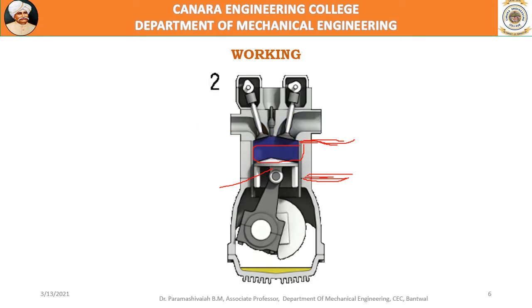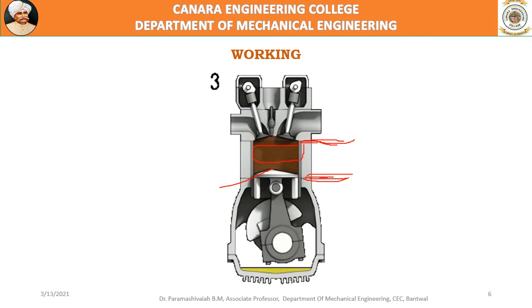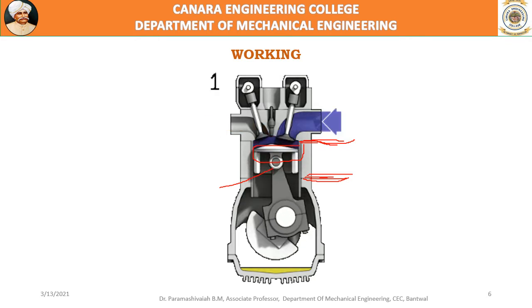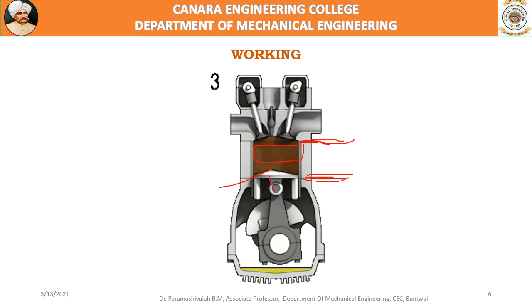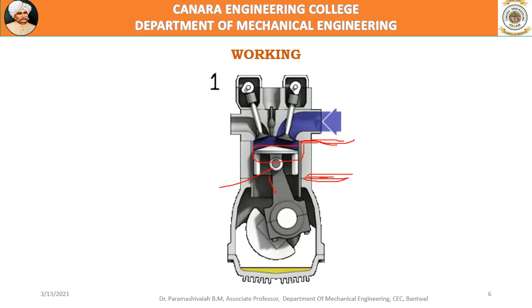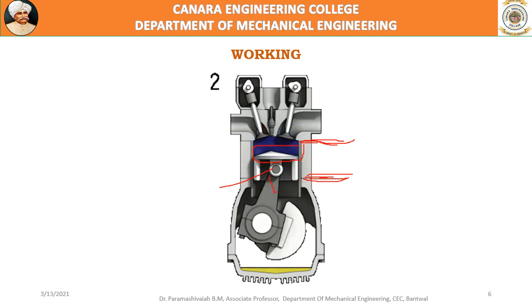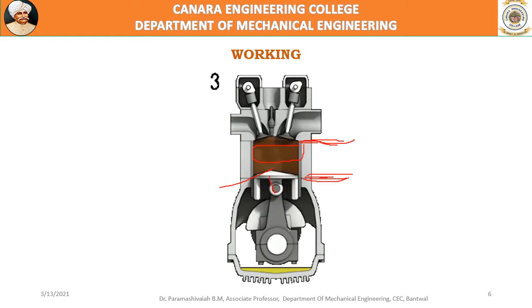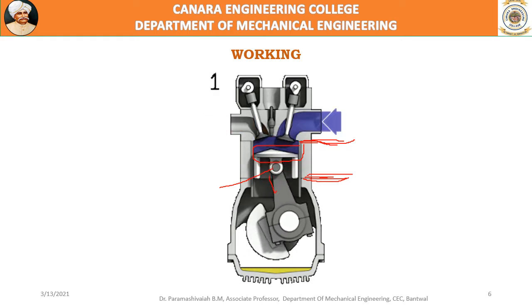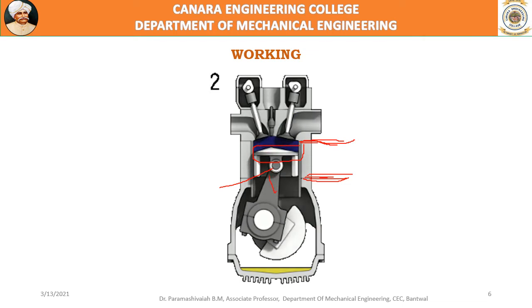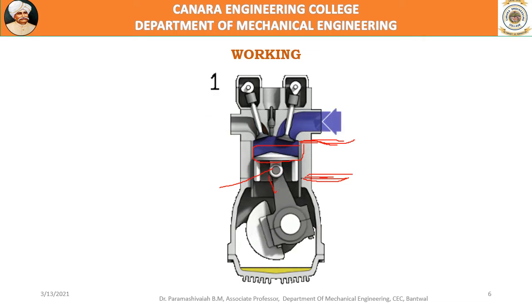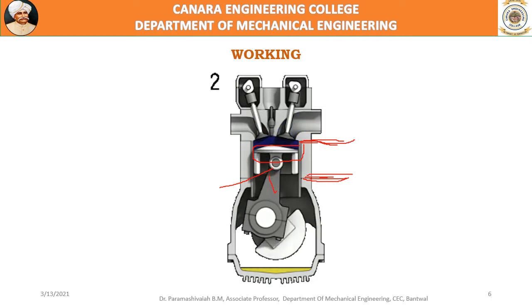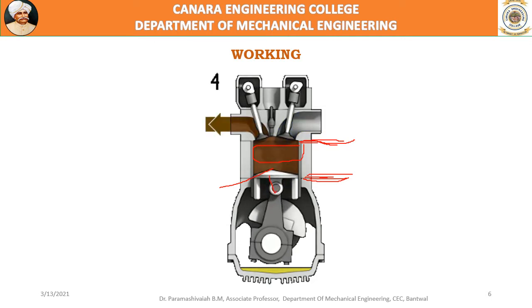Now we will see how a four-stroke engine works. The major components are, this is the piston which reciprocates inside the cylinder, and this is the connecting rod which connects the piston with a crank. The crank is a mechanism which is used to convert the reciprocatory motion of the piston into rotary motion.